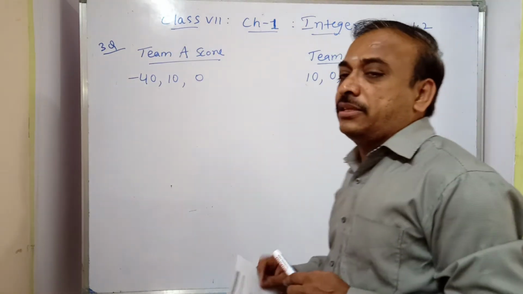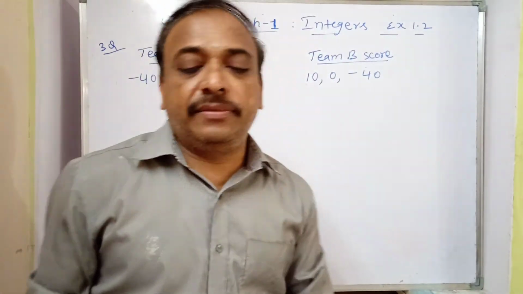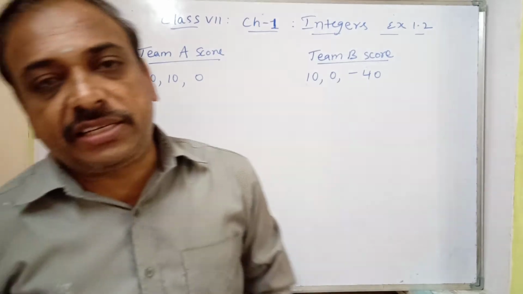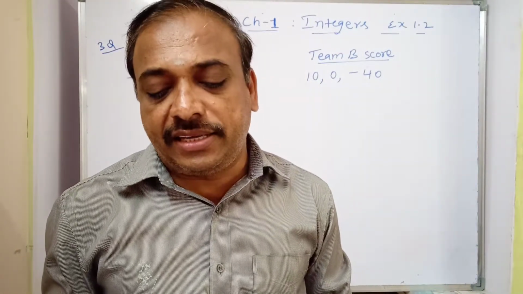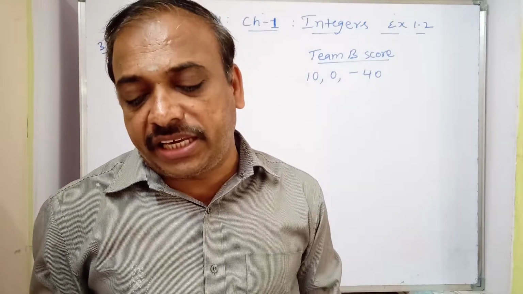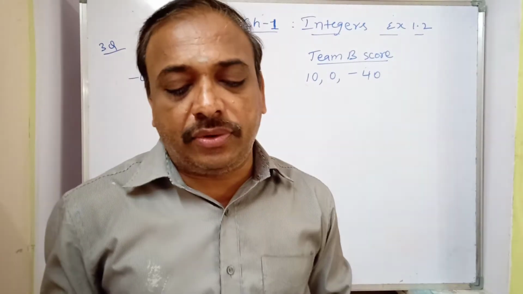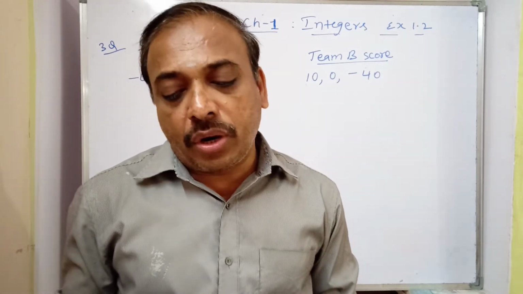Now let us discuss question number 3. Question number 3 says that in a quiz, team A scored minus 40, 10 and 0, and team B scored 10, 0 and minus 40 in 3 successive rounds. Which team scored more?